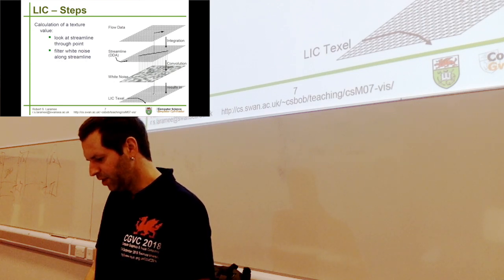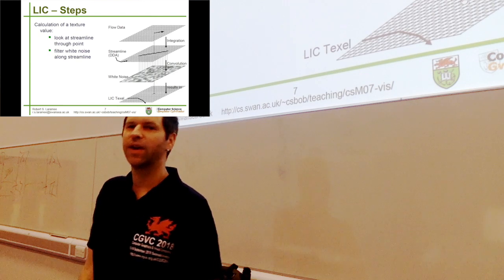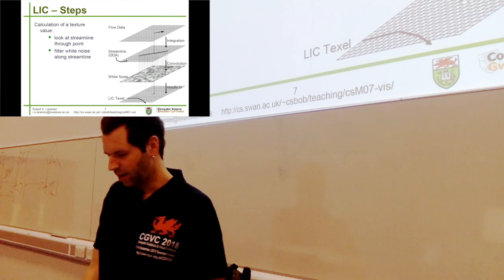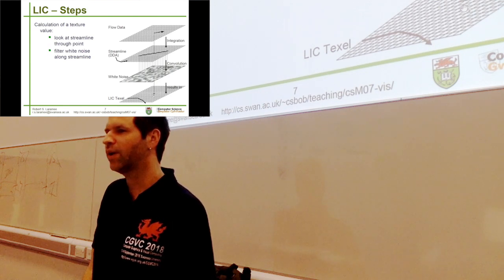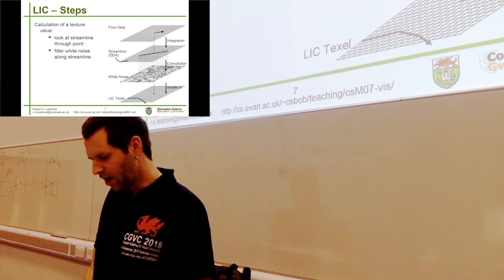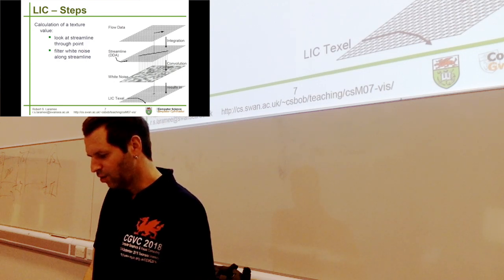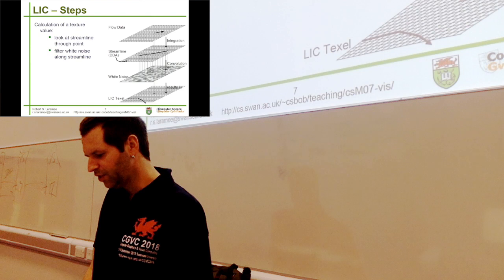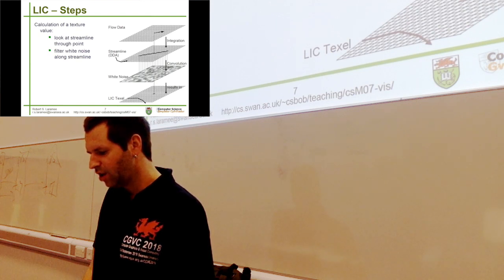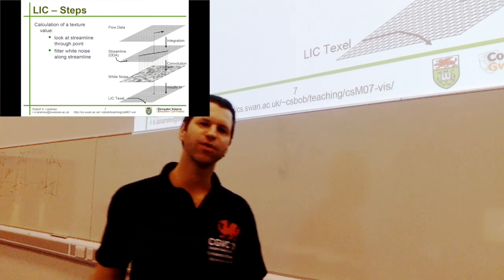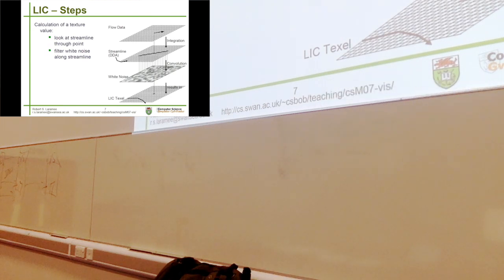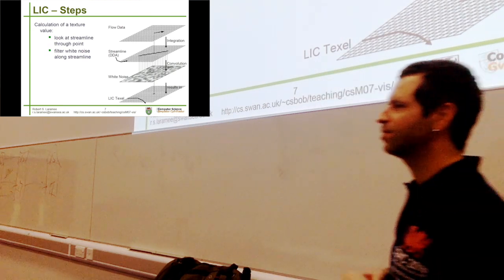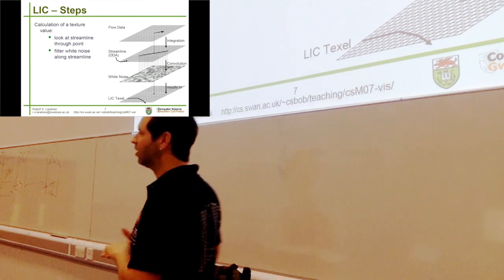And the output is the value of a texel, a grayscale value. There's a texel there, it's hard to see, but it's a texel and it has a grayscale value. And that grayscale value corresponds to all, it's like a weighted average of all the texels along that streamline, the streamline that passes through that texel. That's the idea.